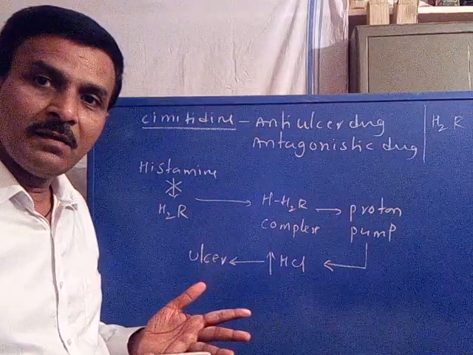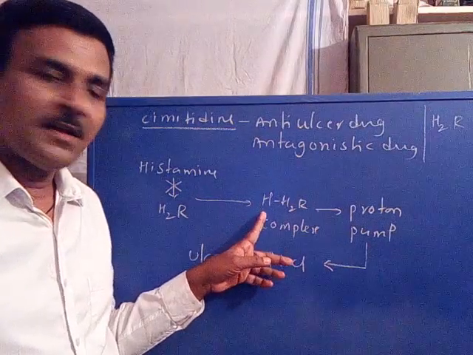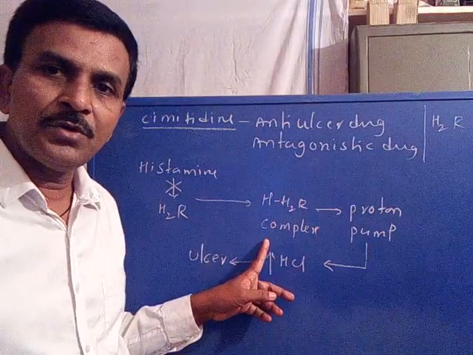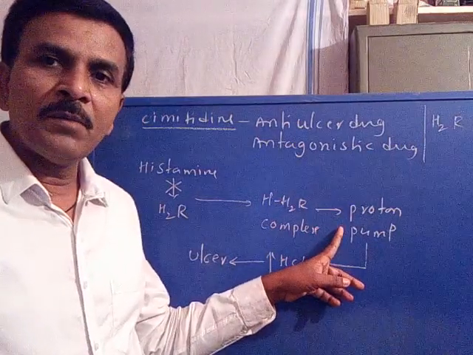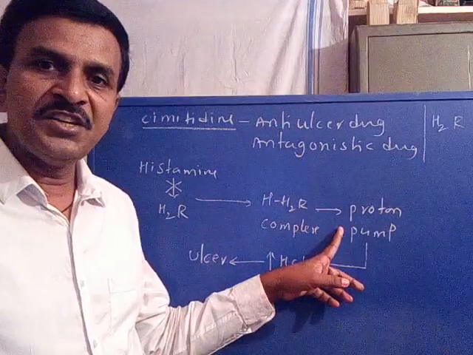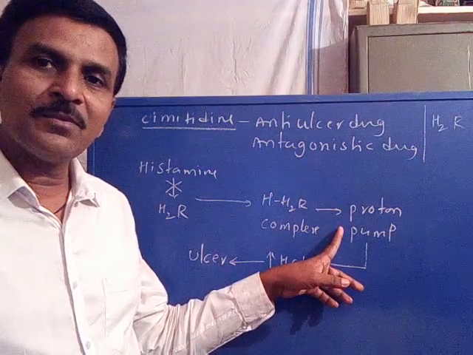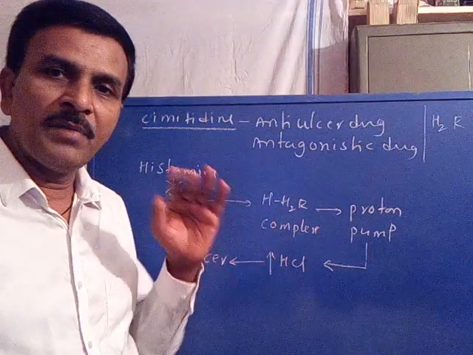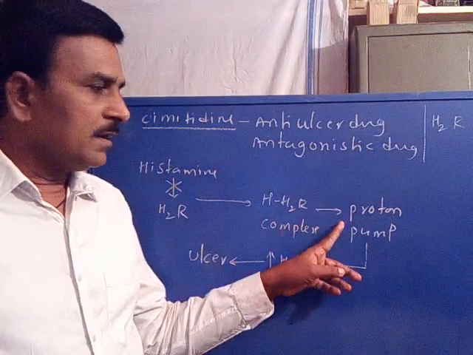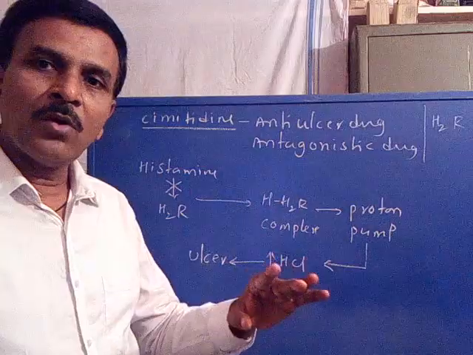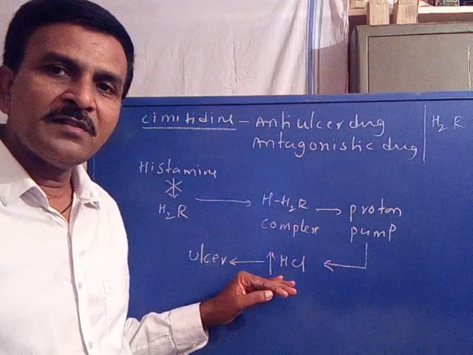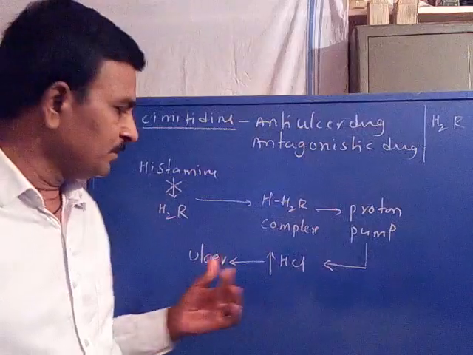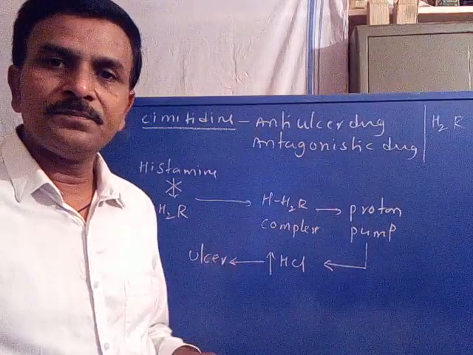When this interaction is prevented, the histamine 2 receptor complex formation is reduced, thereby the proton pump is less promoted, and hydrochloric acid is secreted at the desired concentration, relieving the ulcer.